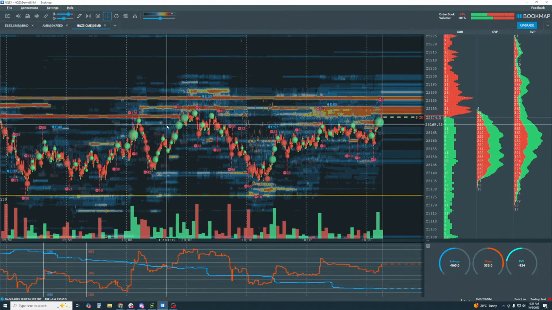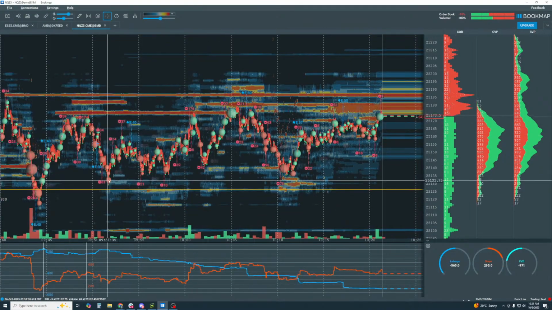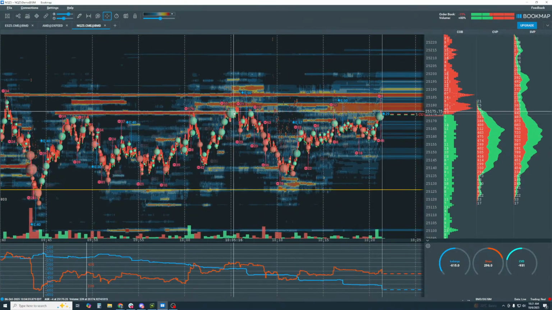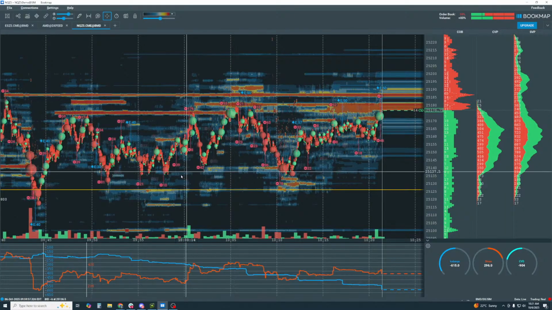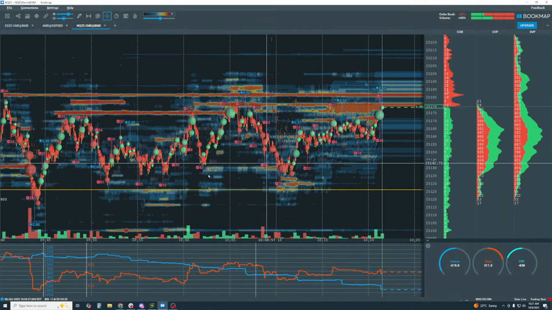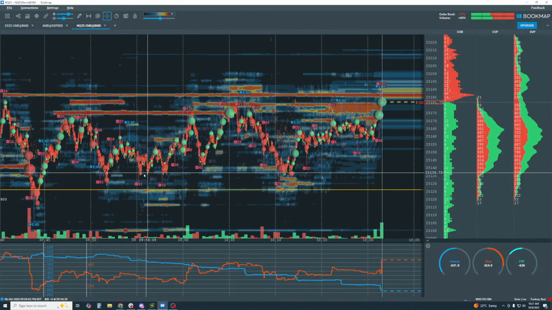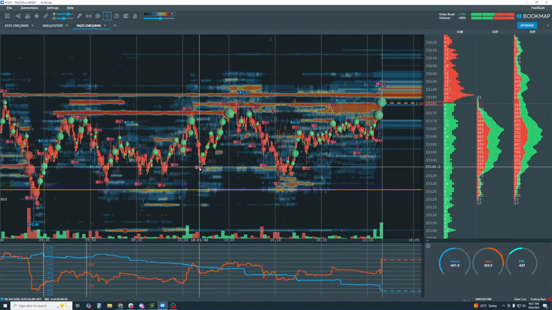All right. And the reason being, again, looking at some of the structure, and also looking at the transactions in here. We see transactions, not a whole lot of liquidity down here in these areas, right?